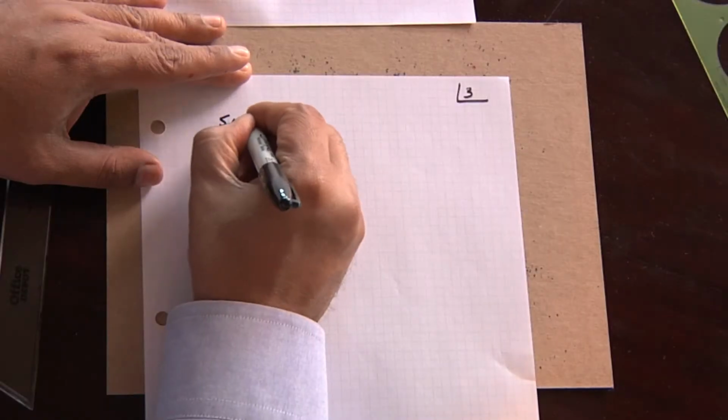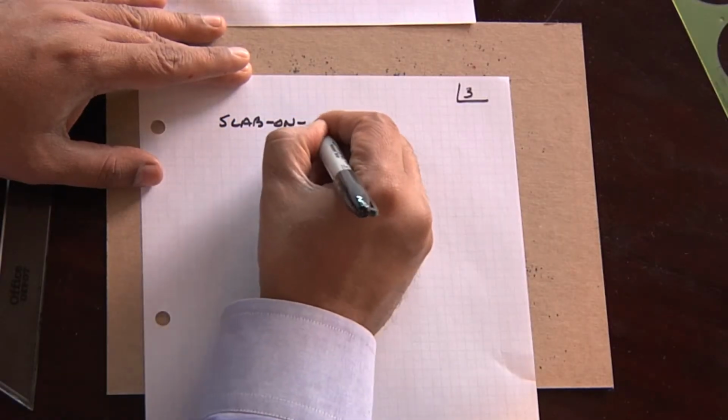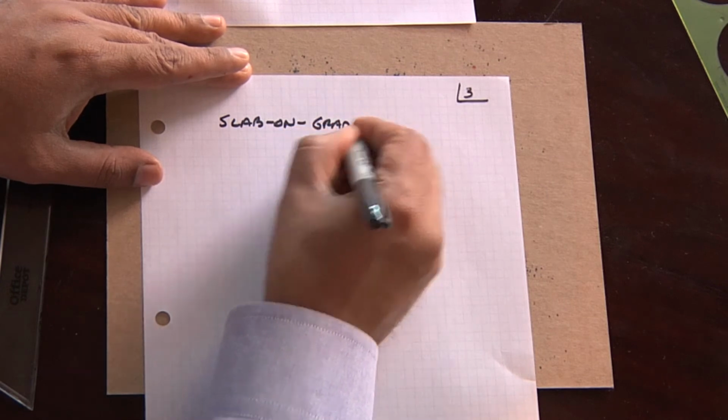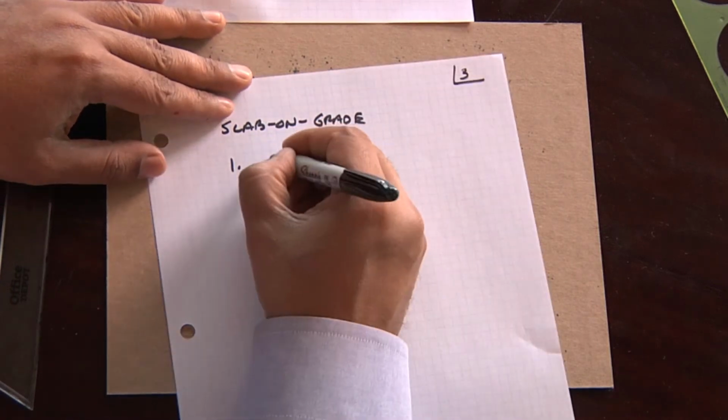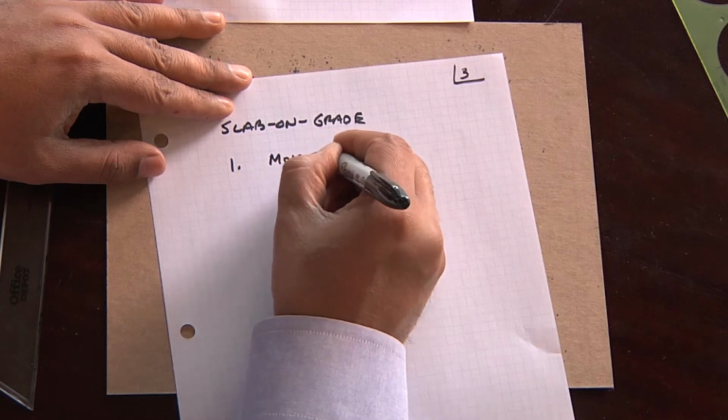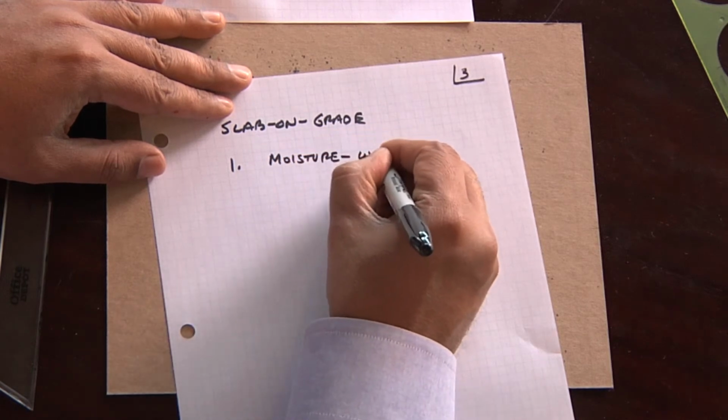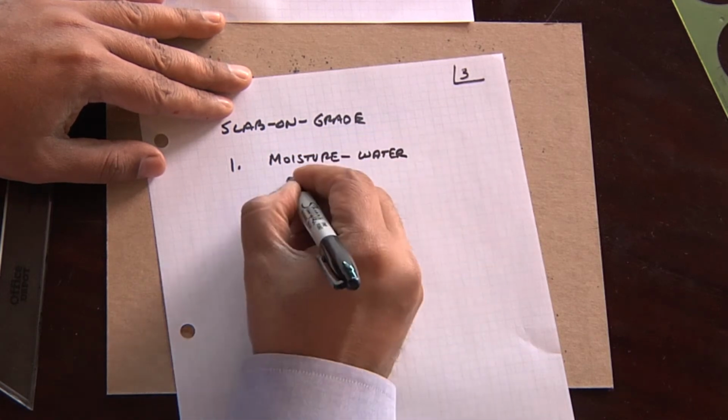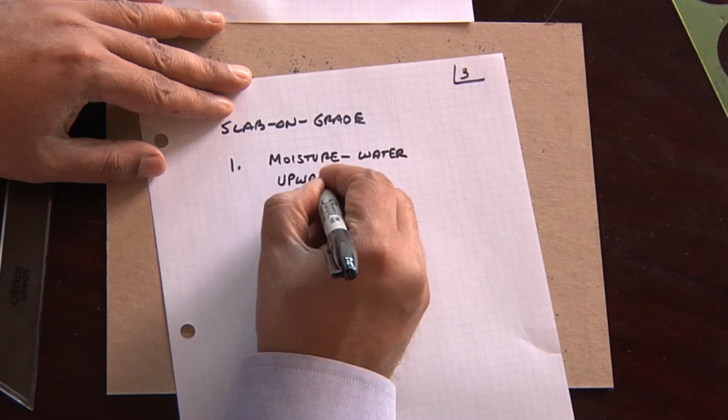One of the biggest problems with slab on grade, and I'll try to enumerate some of the issues that I've seen, is that when we put the slab directly on the grade, one of the big problems, first of all, is moisture and water with upward pressure.